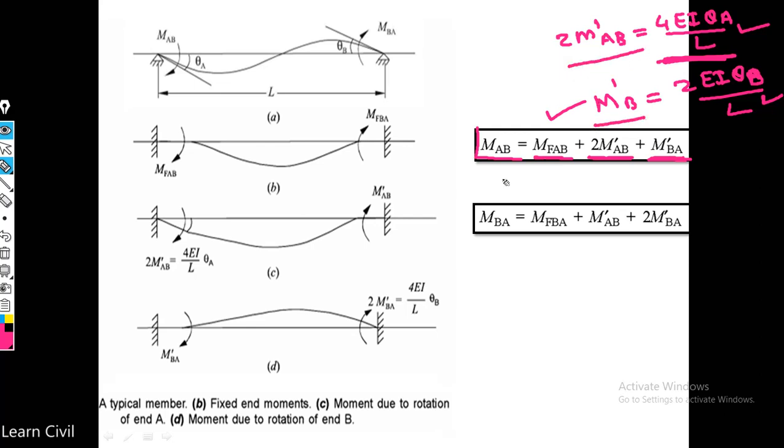Similarly, for MBA, this will be equal to fixed end moment MFBA plus M'AB. M'AB is the rotation bending moment developed due to rotation of the far end.